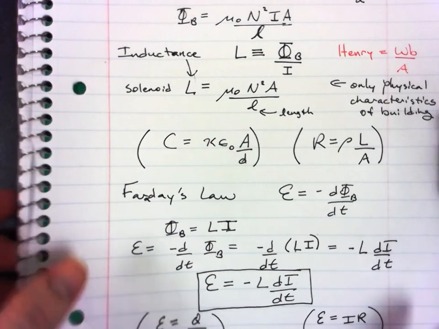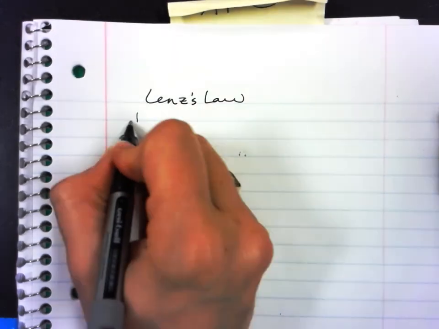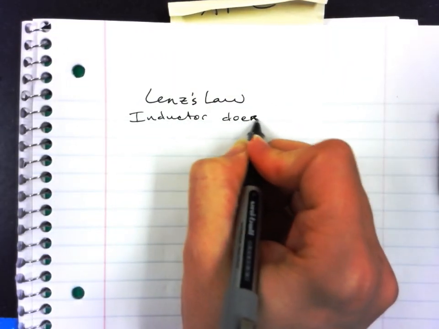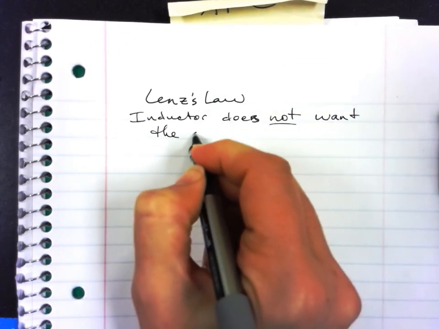Well, if we have Faraday's law, we also need to apply Lenz's law to get a direction idea. Lenz's law. So you know from all of that, coil and put a magnetic field through it and change the direction, and the coil doesn't want to change the direction, so point your thumb this way and you get flow clockwise or counterclockwise. Well, what it does with an inductor, it does not want the current to change.